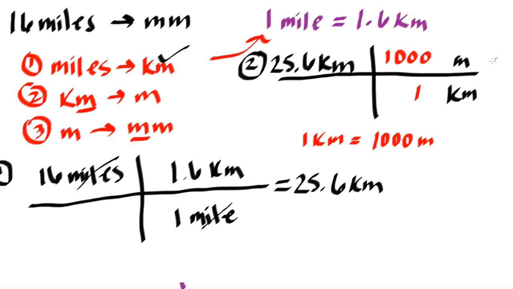So the answer for this one, and I'm going to have to squeeze it in down here, 25.6 times 1,000, 25,600 meters. 25,600 meters. Now I'm going to squeeze in part 3. Let's try to just see if we can move this over.